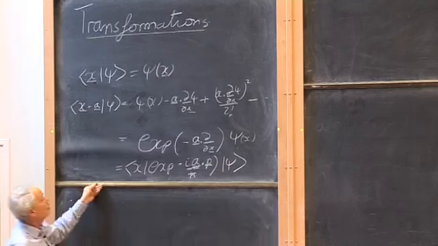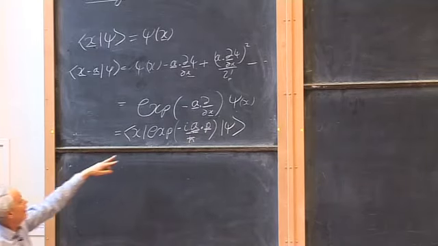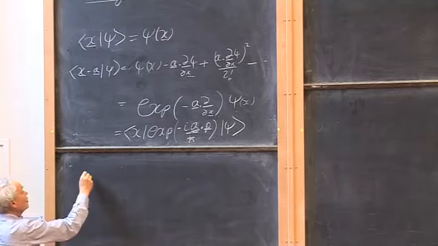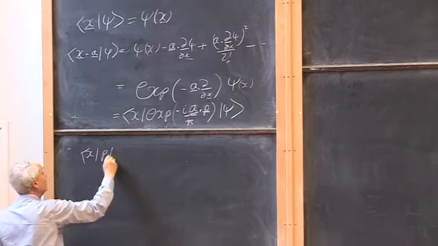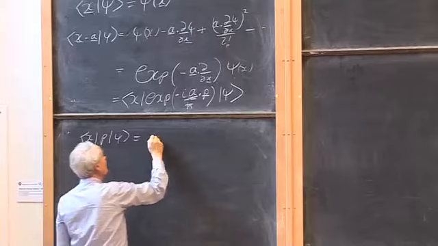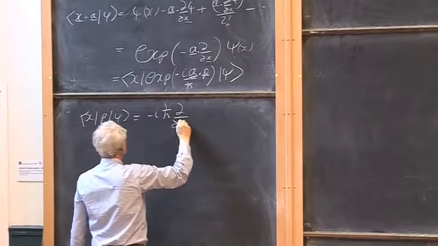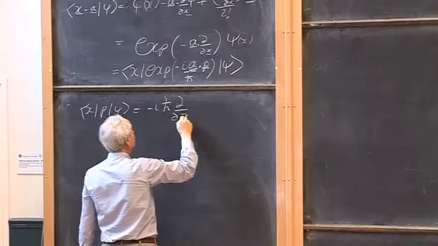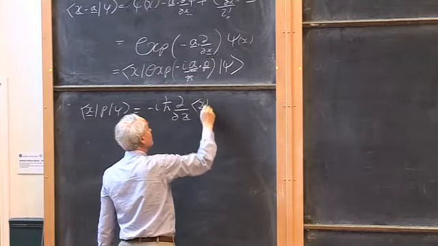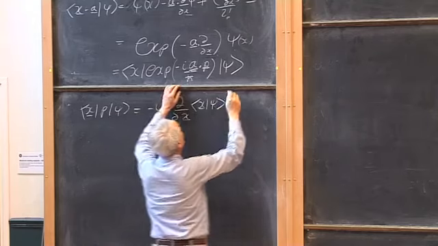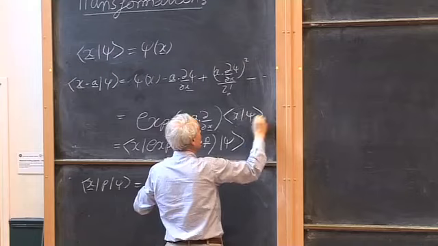Let me just remind you what my authority for that is. My authority for that is the definition of p, which was that x p psi was by definition minus I h bar d by dx of x psi, and this animal here could be rewritten as x psi.